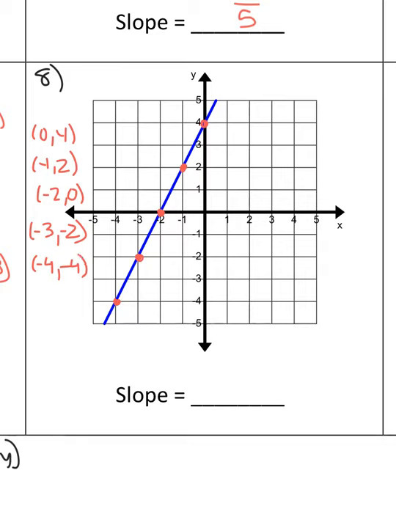All right, so there are 1, 2, 3, 4, 5 points on this line where you can easily see the ordered pairs, right? They cross those grid lines. We can write down the ordered pairs.